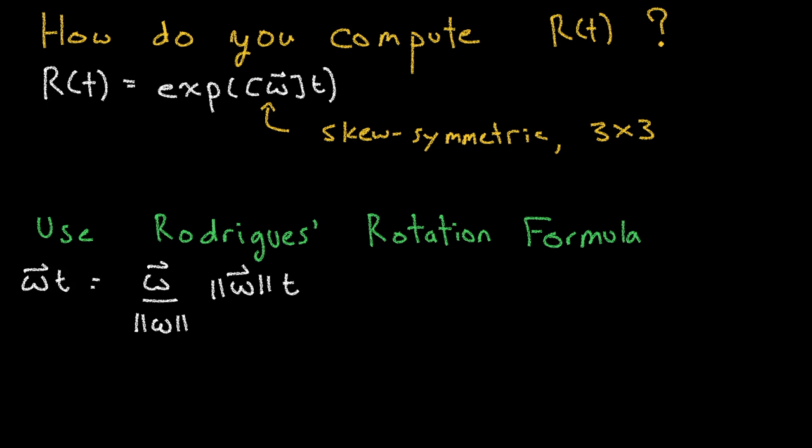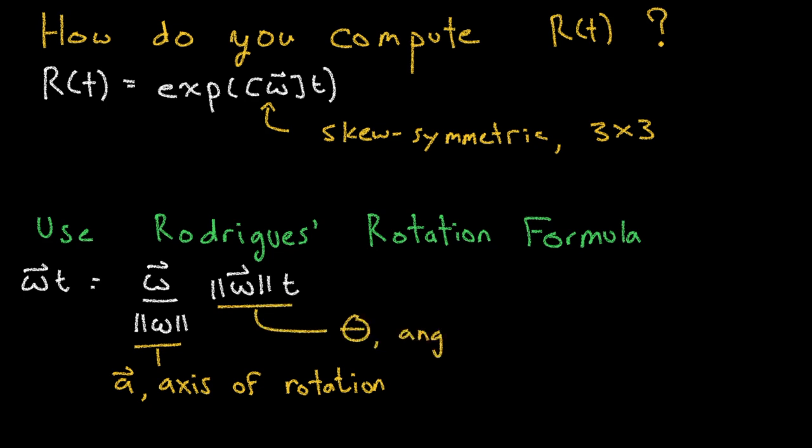And we're going to do this in sort of a funny way. We're going to break omega up into the axis of rotation, which is just normalized omega, and the magnitude of omega times t, which is the amount we're going to rotate around the axis by. And we're going to use this to compute Rodrigues' rotation formula.